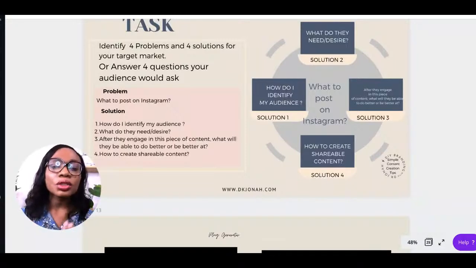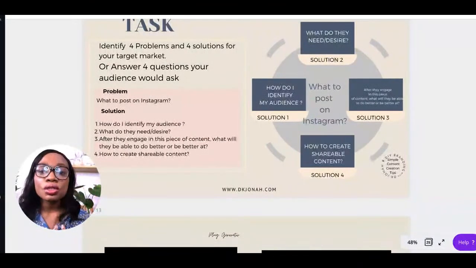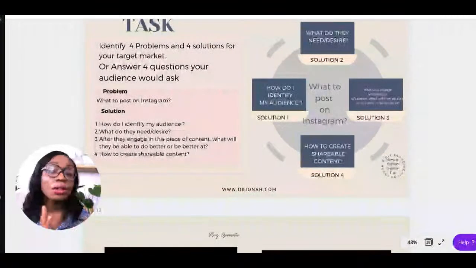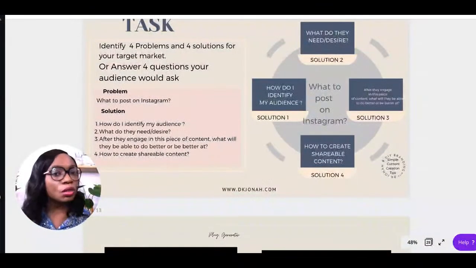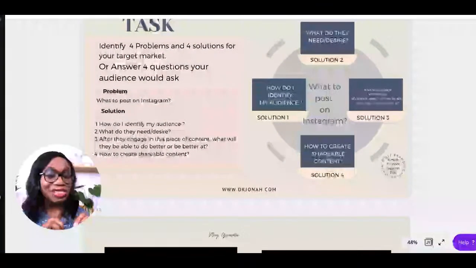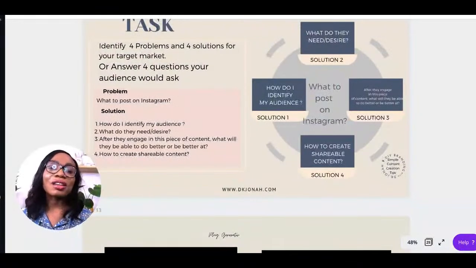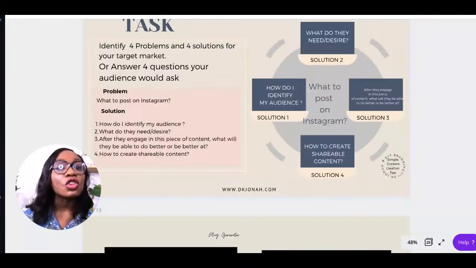So what I do most of the time is create solutions about, okay, this is what I think you should post. Like I said, this is a task that I've given a lot of times, but it's always good to take it over and over and over again. Don't get tired of taking it, because the more times you do it, you may identify problems you did not see before and find more solutions that are a lot better for your audience. So think about doing it again, even if you've done it before.